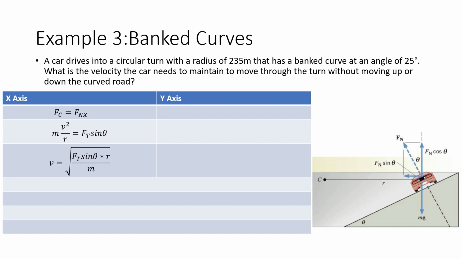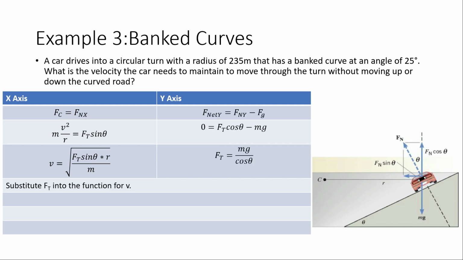I put in my F_N sine theta. I go ahead and solve for v. Oh, I have it as F_T. I didn't change that to F_N. There we go. See, it's so similar. I copied it and I forgot to change the subscripts.